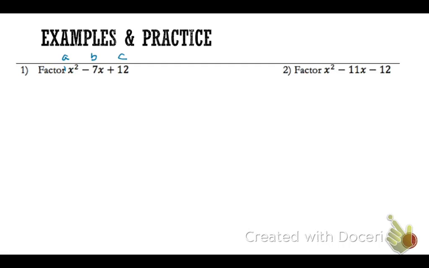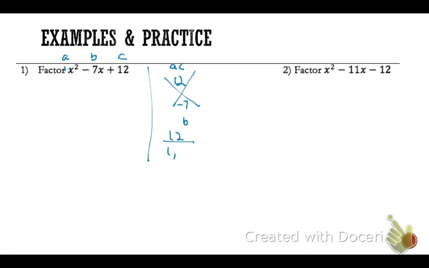Okay, so if you want to keep your eyes on that step by step now under the grouping method. So we're looking for two numbers, so here's my workspace, that'll multiply to give us a times c. So 1 times 12 is 12. And we'll add together to give us negative 7. So I think about factors of 12.